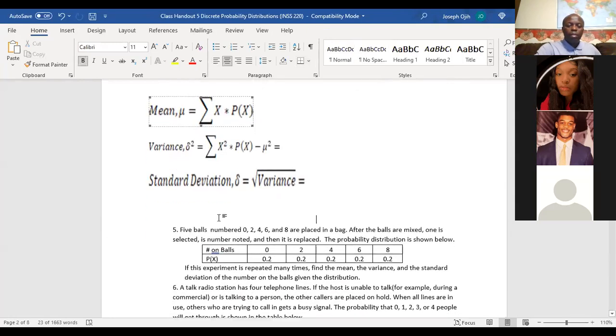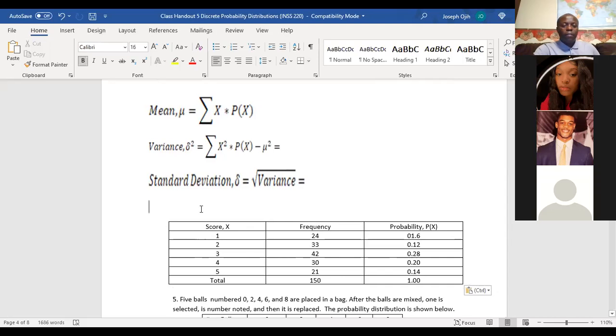It says, okay, this is the question. It says, find the mean, variance, and standard deviation.